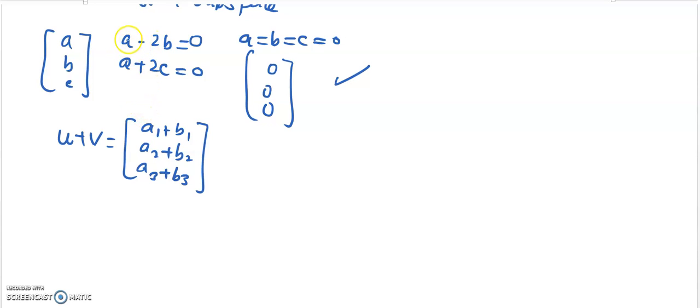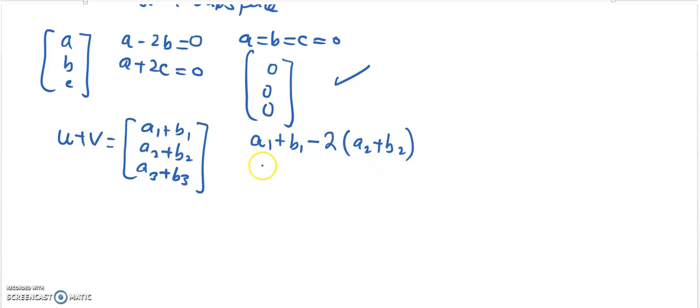So the meaning is that A minus 2B should be equal to 0, which means that the first element minus 2 times the second element should be equal to 0. So how can we evaluate it?